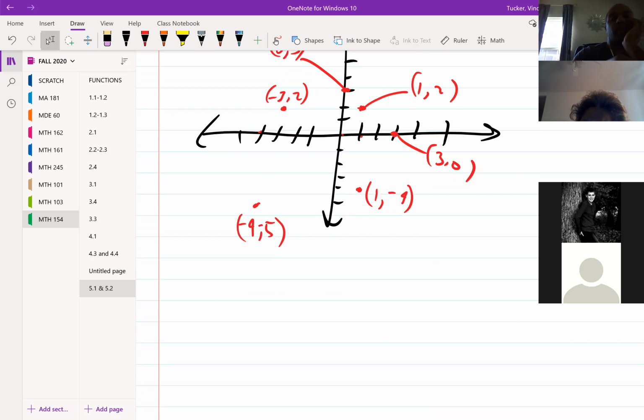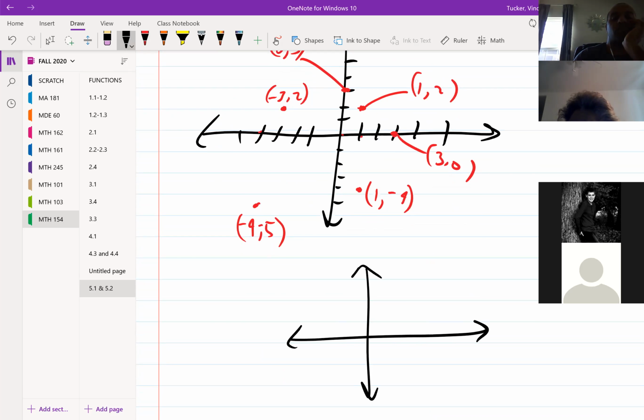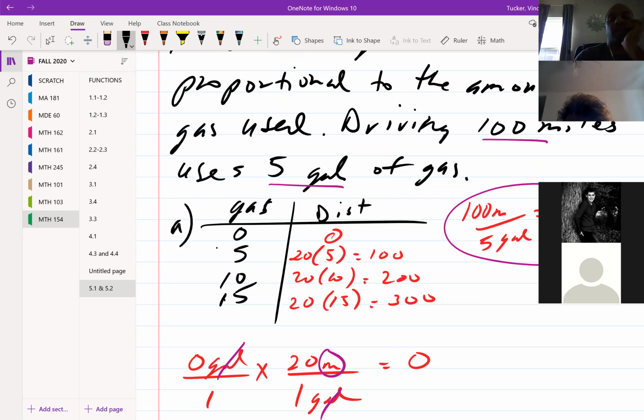So going back to the last problem. One of the points, the first point, was 0, 0. So if I look at my increments, I can let my distance, let me see what they did in the book, because I believe distance can be your y.